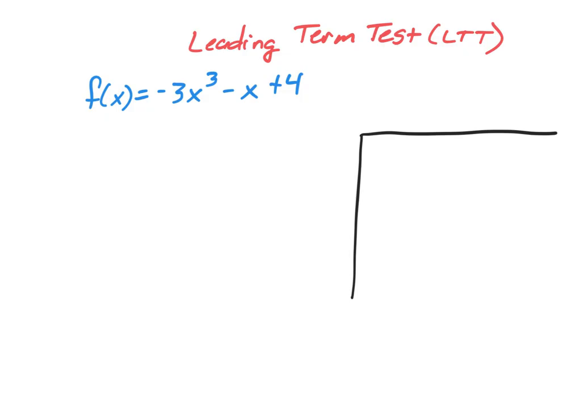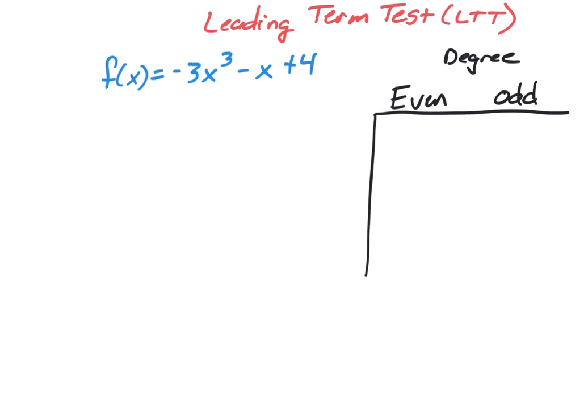So the two things that we're going to use are the degree, which can either be even or odd, and then the lead coefficient, which would either be positive or negative. Those are the two things that we have to decide.